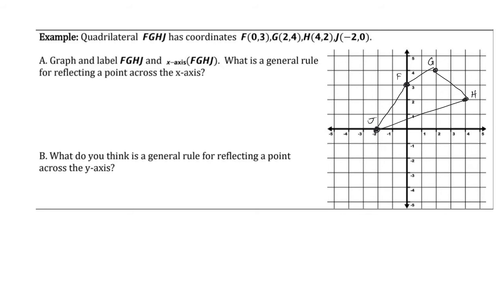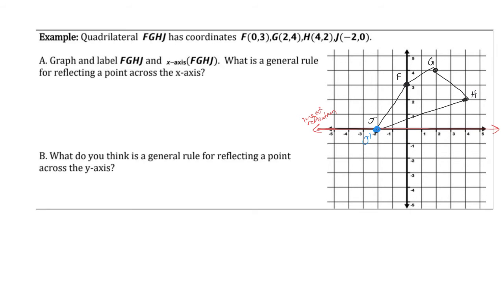Now, we're reflecting over the x-axis, so this red one is our line of reflection. We're going to reflect it over that line, meaning it's going to be the same distance from the line, just on the opposite side of the x-axis. J is on that line of reflection, so J prime stays there.